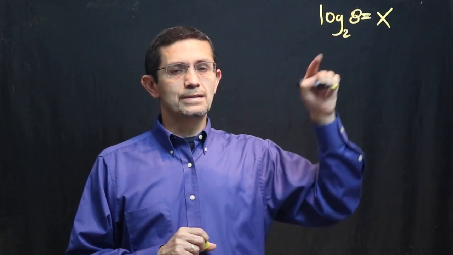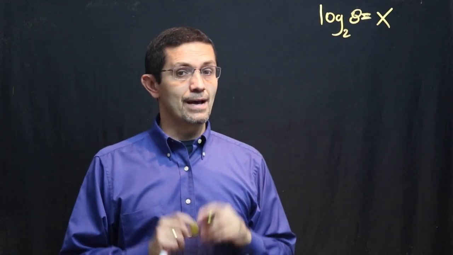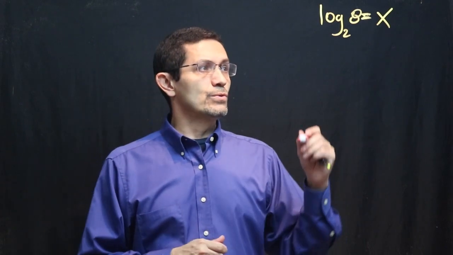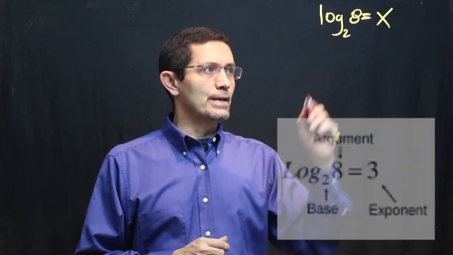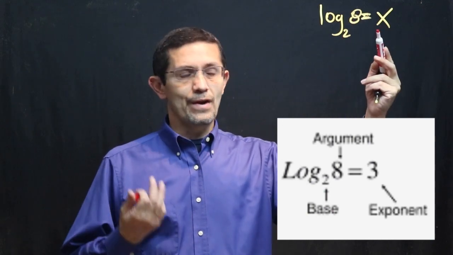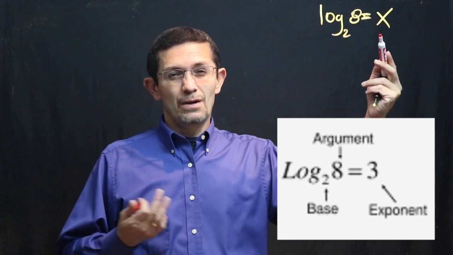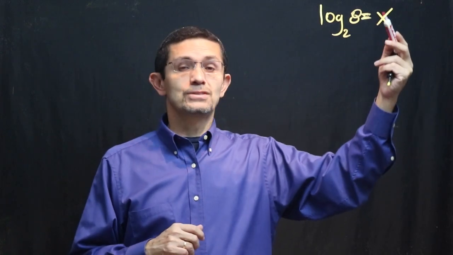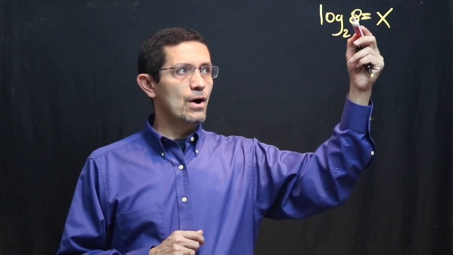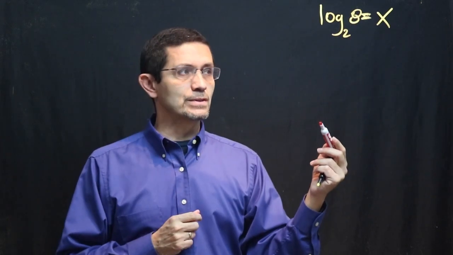The idea is to rewrite this as an exponential, okay? As an exponential. Here we go. So what we do is we take our base. By the way, this number is our base, this is our argument, and this is our solution, our answer, our logarithm, our exponent. Base, argument, those are the two most important ones.